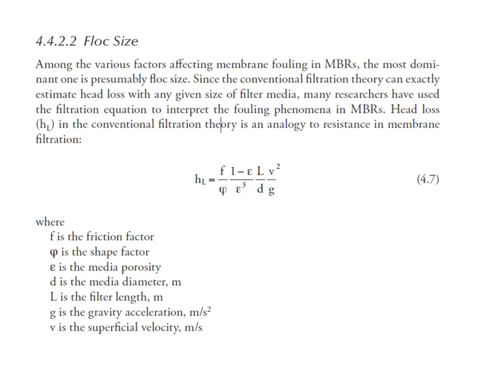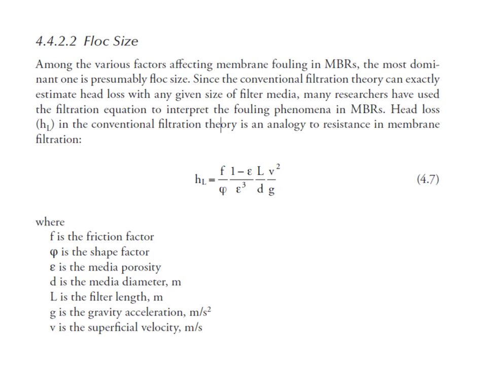Floc size is very important. This is one of the key factors affecting membrane permeability in an MBR system. And the floc size can actually change the permeability of the cake layer.